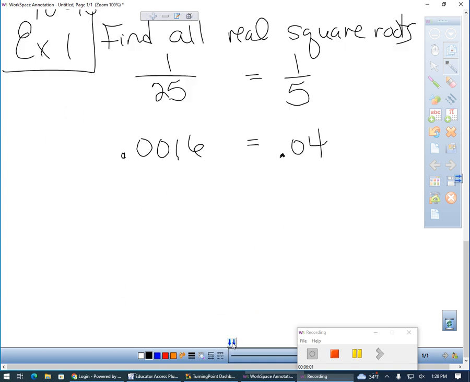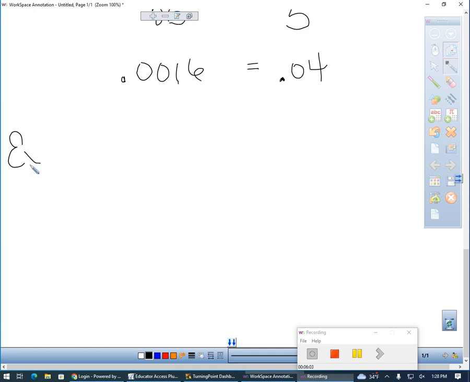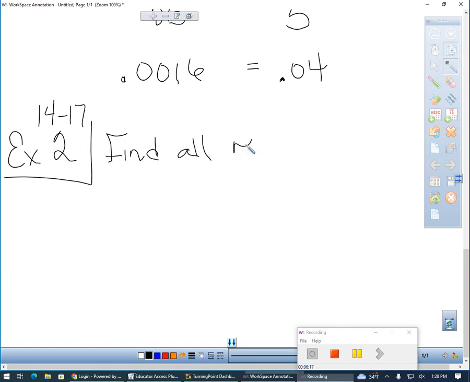Example number 2. For example number 2, this is going to cover your 14 through 17. 14 through 17, find all real cube roots.